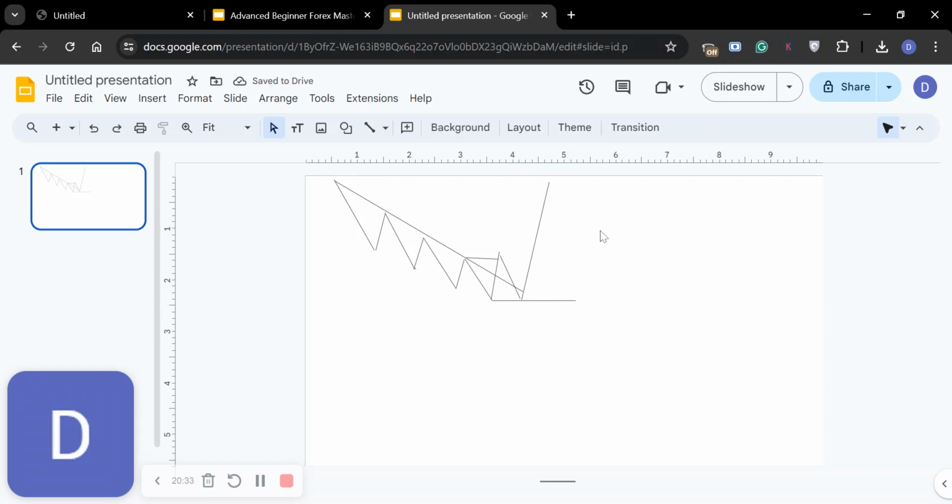Or sometimes it breaks a little bit, and boom. I hope you understand that. But this is still a valid support.